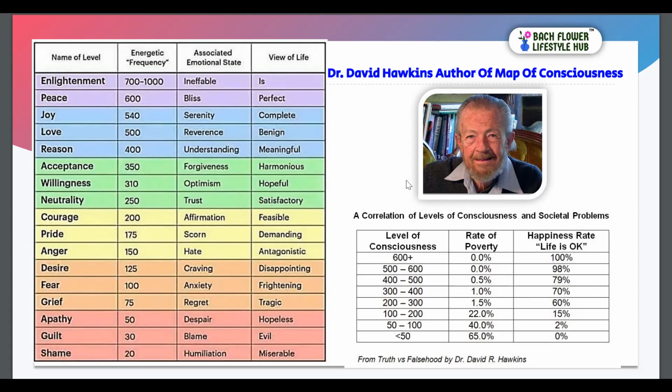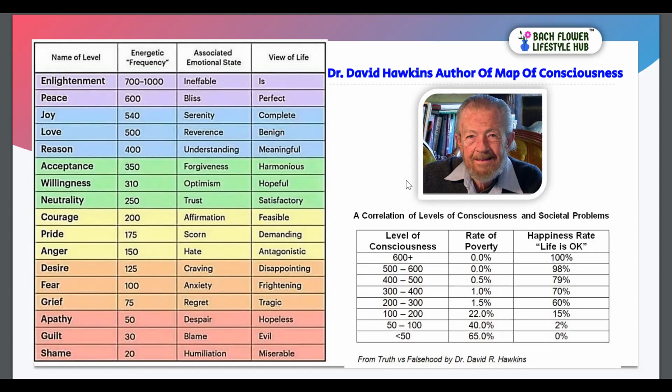And when we have a specific vibrational range of energy, we will be in a certain emotion which we will carry throughout our day or throughout that particular event. So Dr. David Hawkins did this research on what vibrational frequency, what vibrational energy, we carry when we are in a particular emotion. These are the tables he has mentioned.